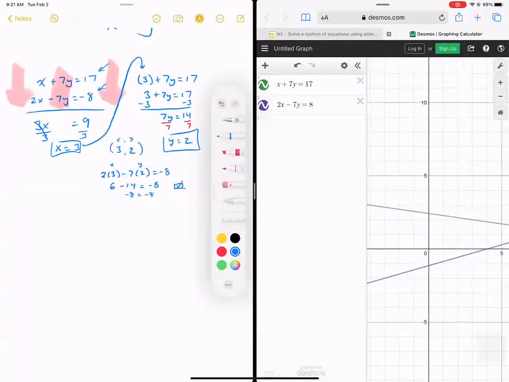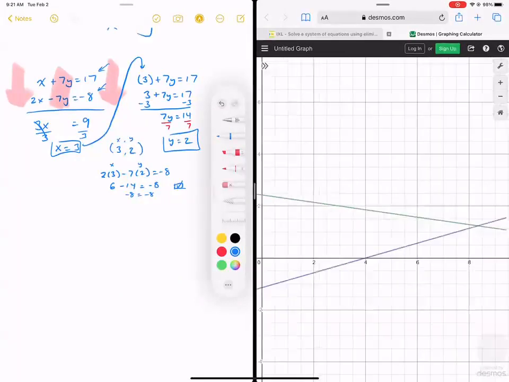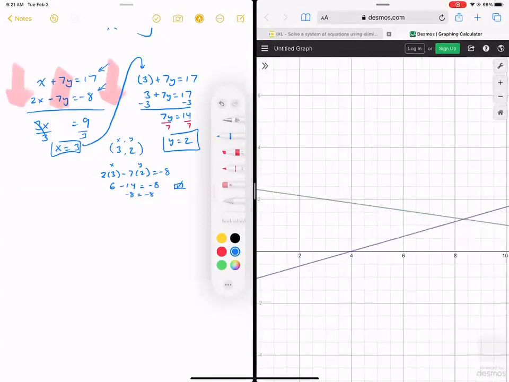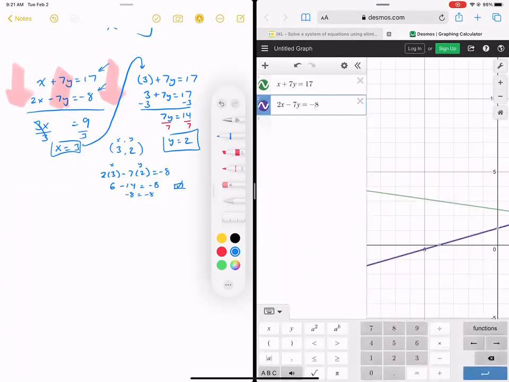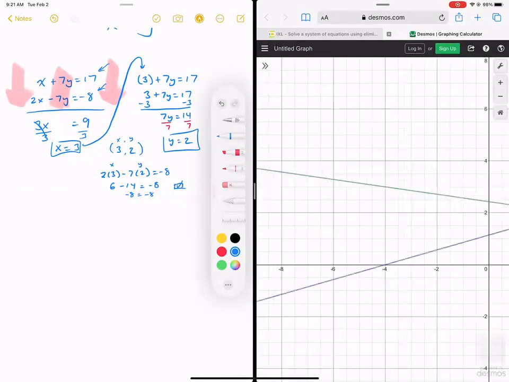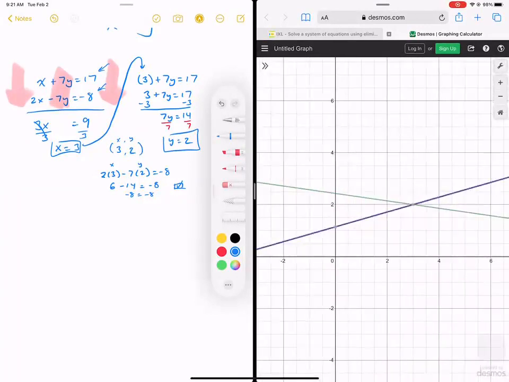Let's find out where these guys meet. Actually, no. Did I write it right? I think I messed up here. Oh, that was a negative. Whoops. Okay. So if we find out where they meet, take a look here. If you guys are true believers, our point is at 3 for x and 2 for y.